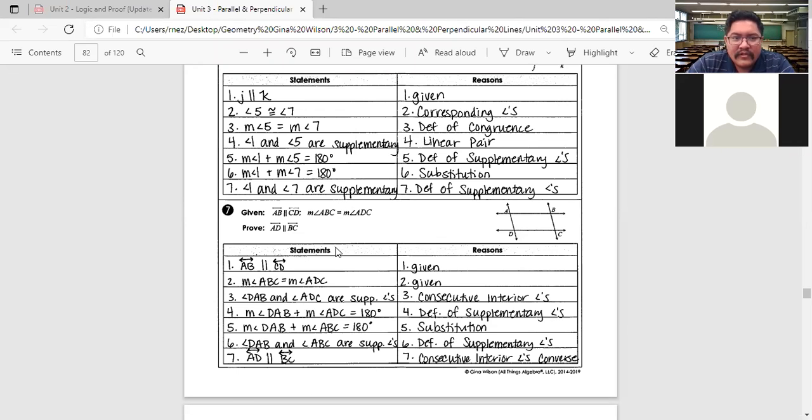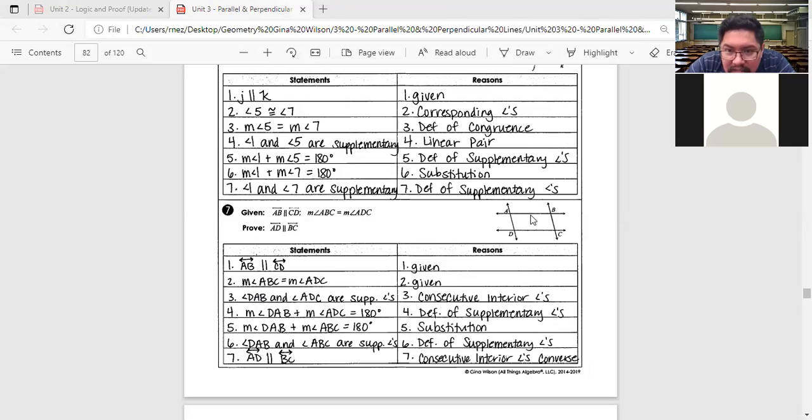So we start off with our two givens. CD and AB are parallel. ABC, those two angles that I pointed out, would be the same. So anyway, let's just go to step number 3.